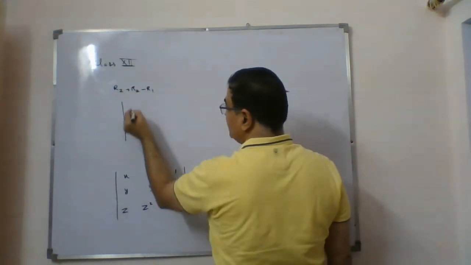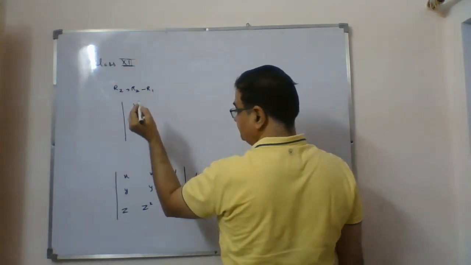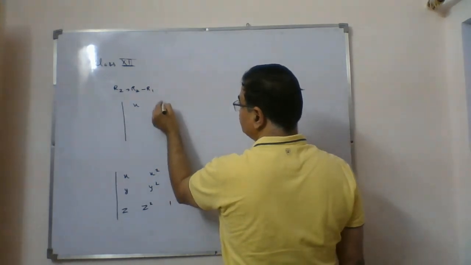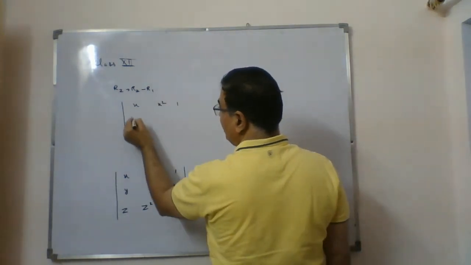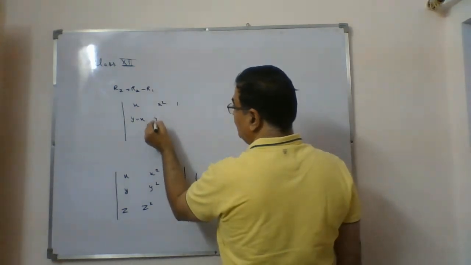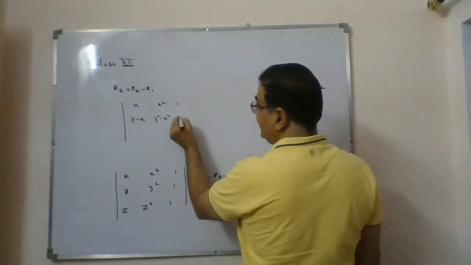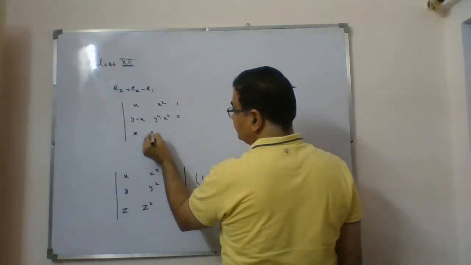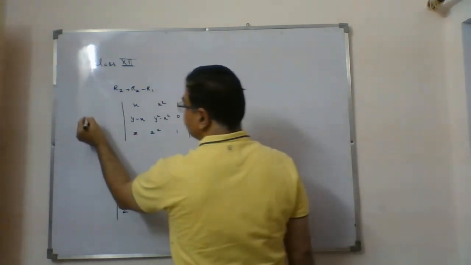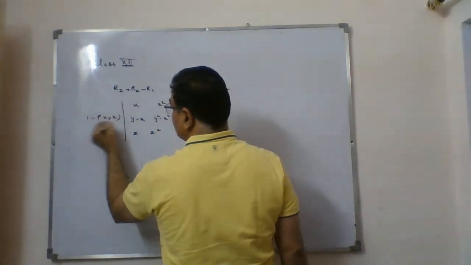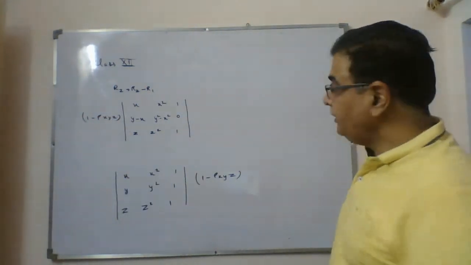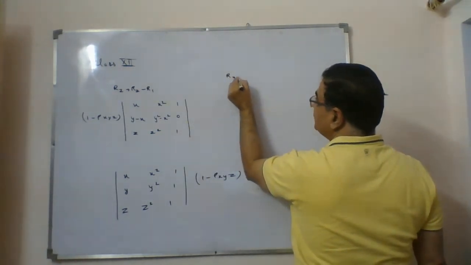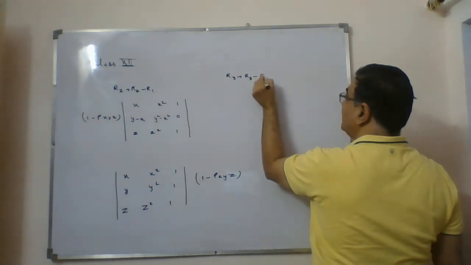When you do this, it will be x, x square, 1, then it will come y minus x, y square minus x square, and 0. And this is z, z square and 1. And this is 1 minus pxyz. Okay. Now further, one more 0 we will create. So it will be R3 minus R1.